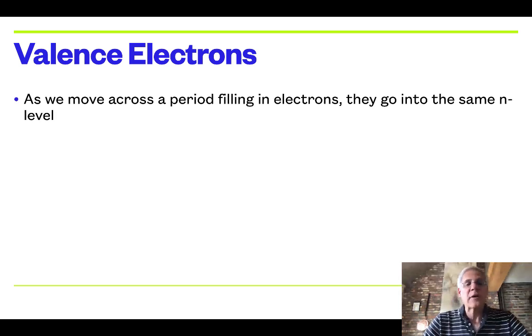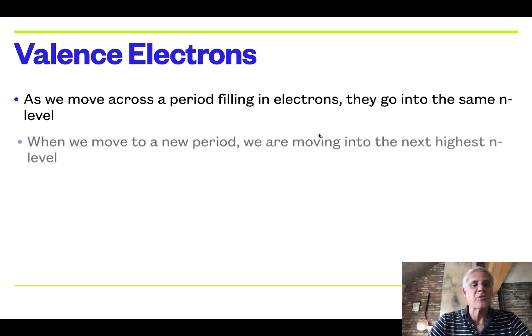Now, as we're moving across a period, a period being the left to right rows of atoms in the periodic table, they're all going into the exact same n level. So they're filling in the 2s and 2p's, or the 3s, 3p's, 3d's.